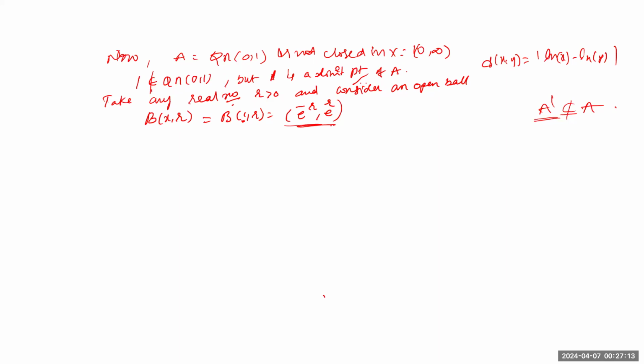So now, 0 is less than e^(-r), which is less than 1, which is less than e^r, where r is greater than 0. So what is the density of the rational numbers?